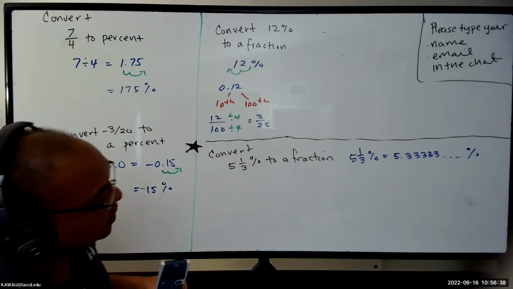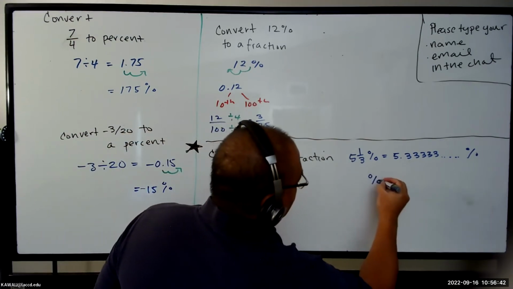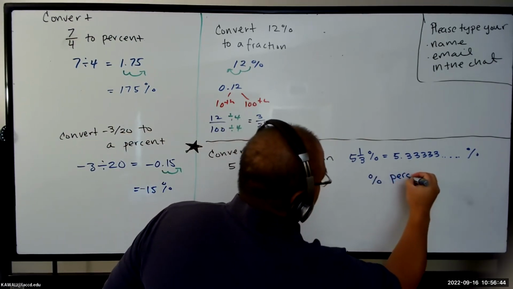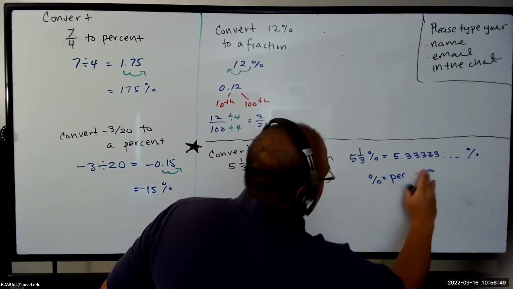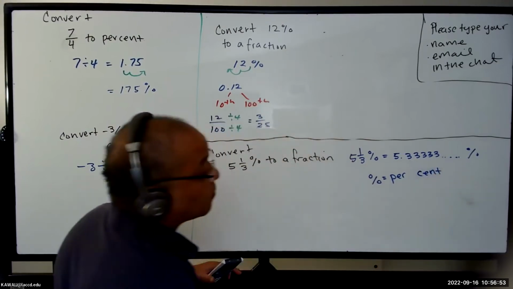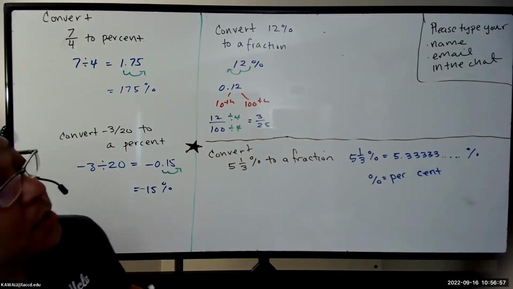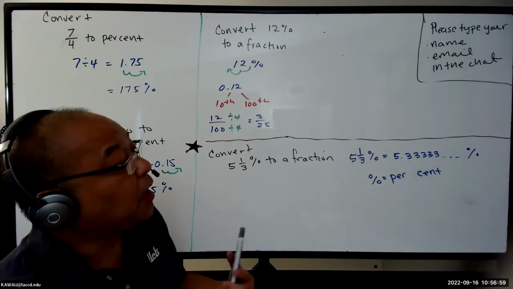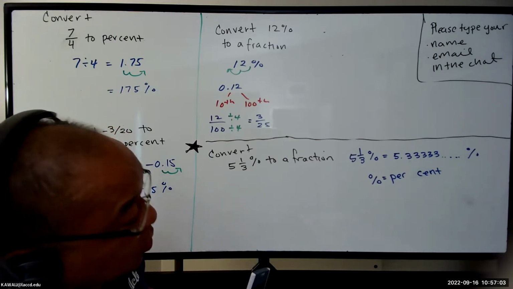Now the key thing here is the word percent. Think of this as 2 words: per cent. How many cents are in a dollar? 100. How many years are in a century? 100. The word cent in Latin means 100.